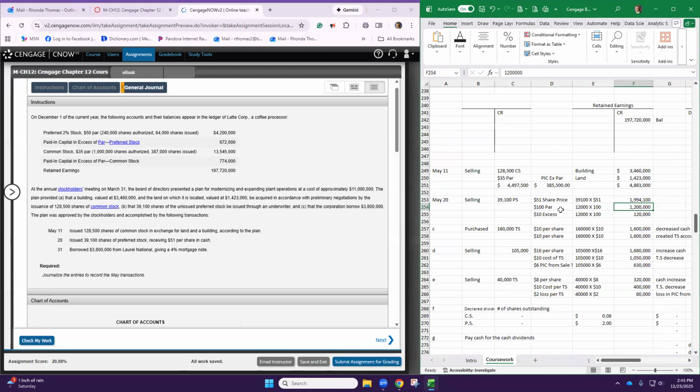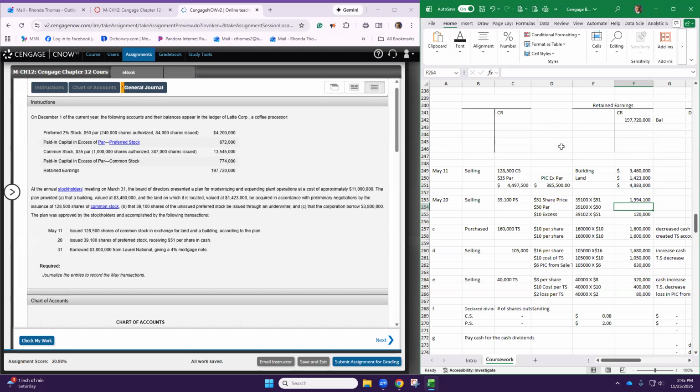There's that. And then now we need to break it down between its par and its excess of par for these preferred shares. So par is 50. So we basically want that to come down here. So then it's 39,100 shares at 50. That's going to be the credit to the preferred stock.